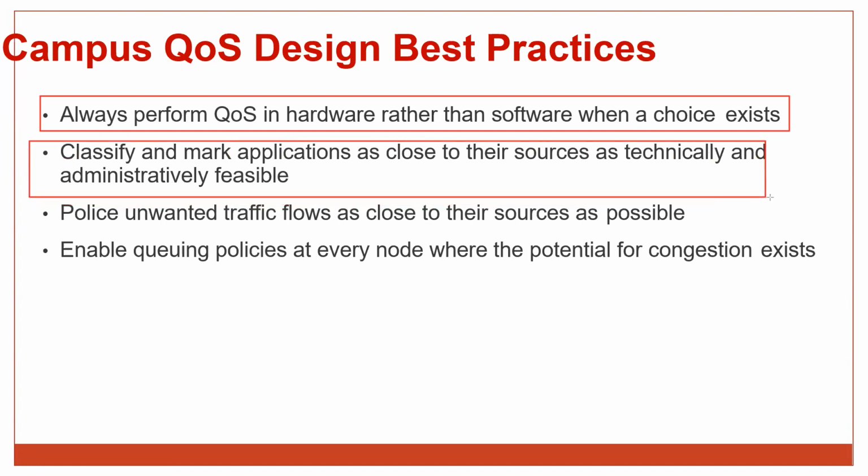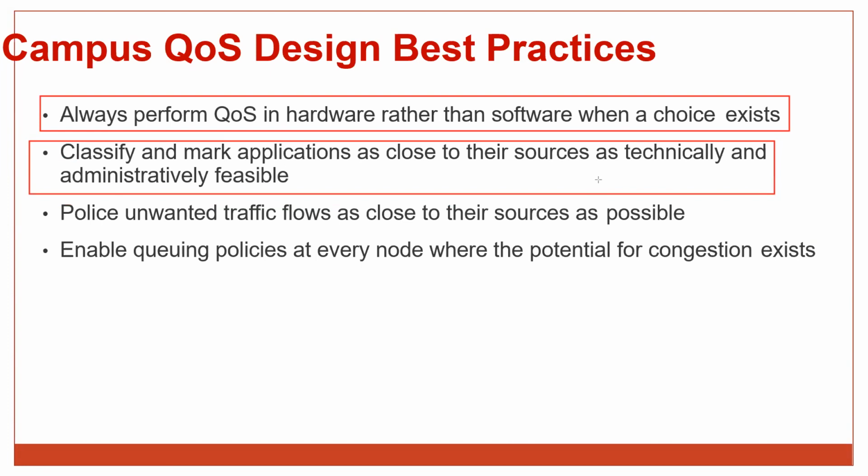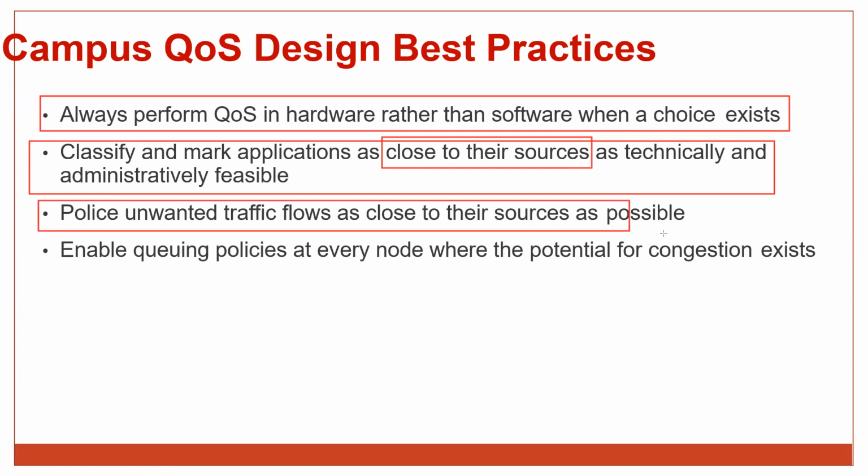Classify and mark the application close to its source as technically and administratively feasible. Nowadays we are trying to do routing close to the source as well. So close to source applies not only to QoS, but other technologies also we try to implement close to source.